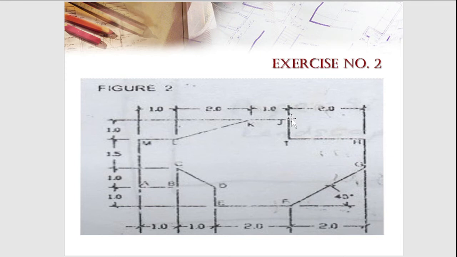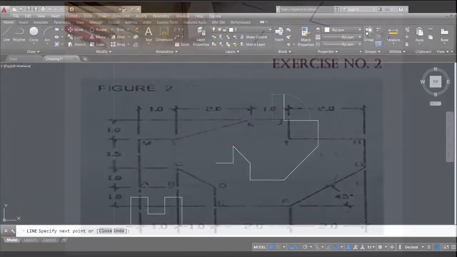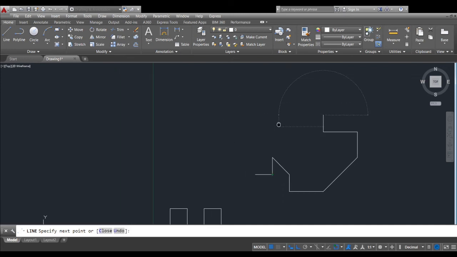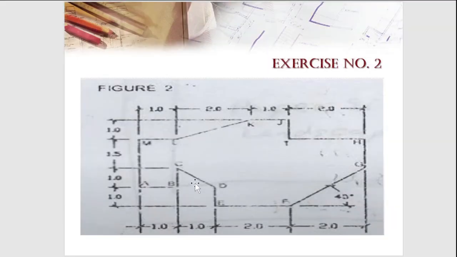So our x coordinate remains the same, 10, and our y coordinate is 18.5 since it moved 1 unit upward. So that is hashtag 10, 18.5. Boom.